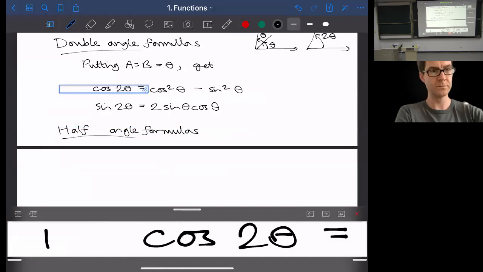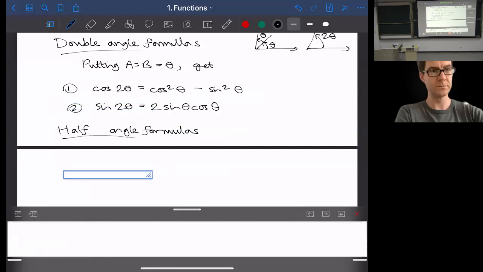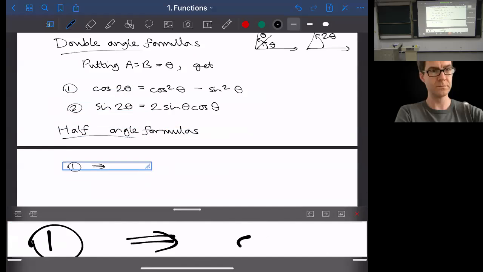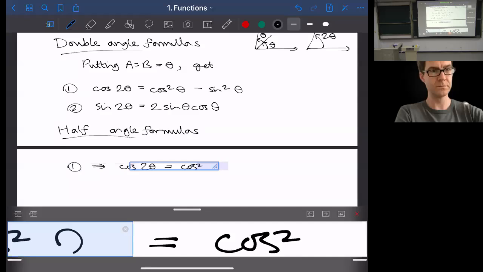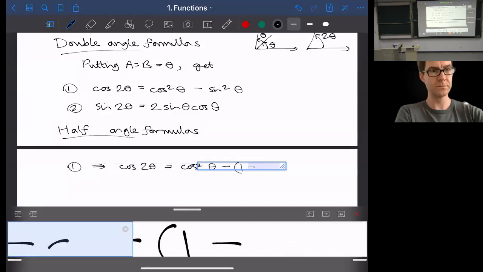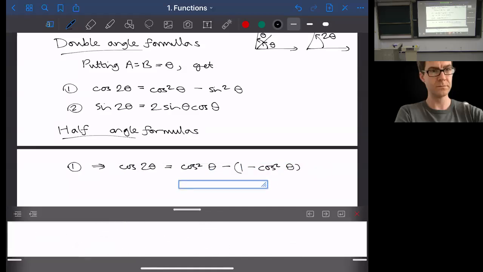So let's call these 1 and 2. So 1 implies that cos 2 theta is cos squared theta minus 1 minus cos squared theta.